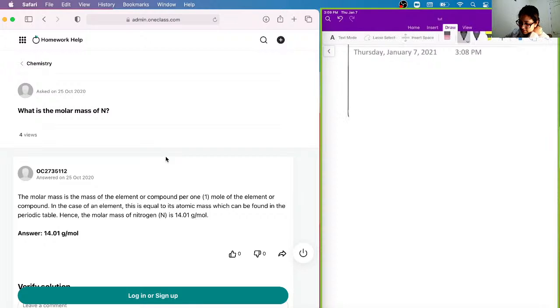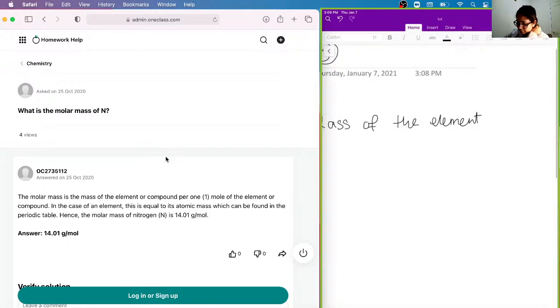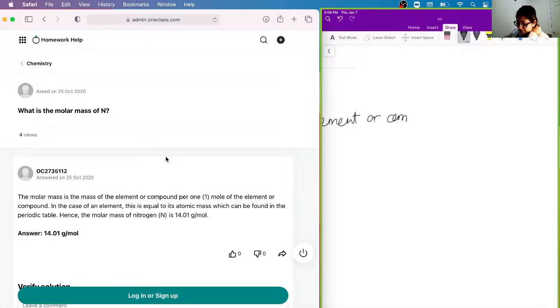So we say mass of the element or compound per 1 mole of the compound.